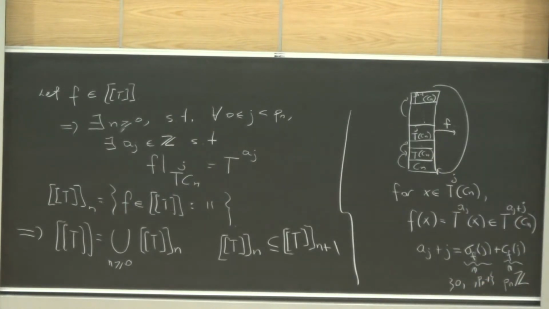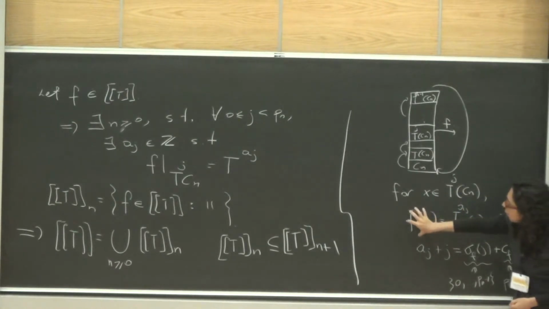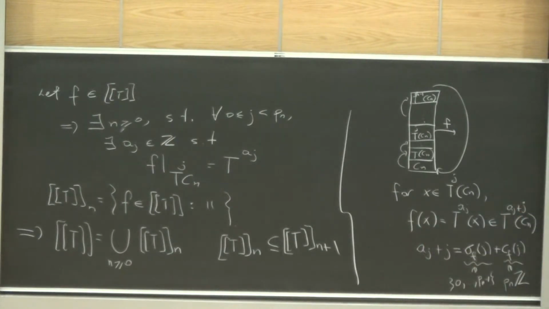So when you have an element of the topological full group of the odometer, you can identify this element with this permutation, and with this element, if I take this for every j, with an element in (Z/PnZ)^Pn.